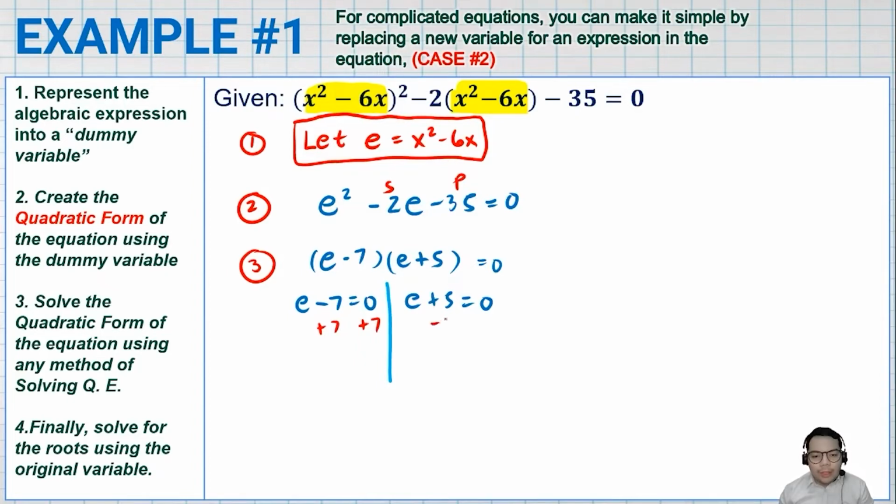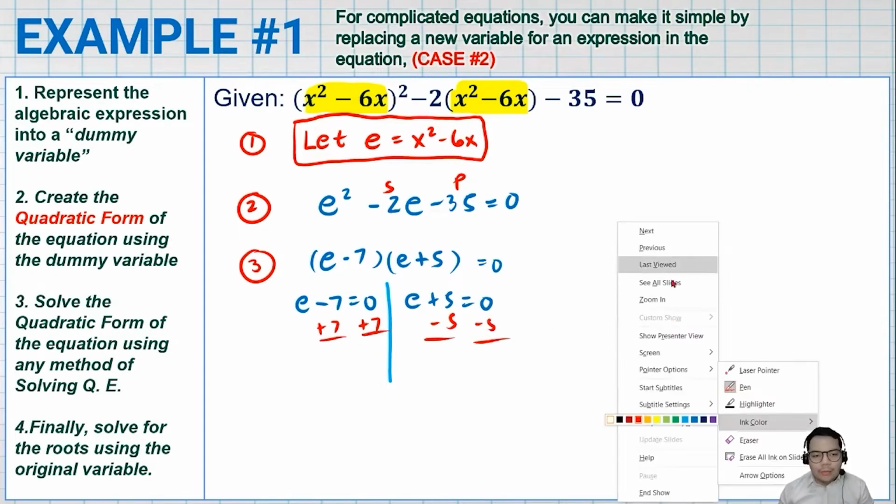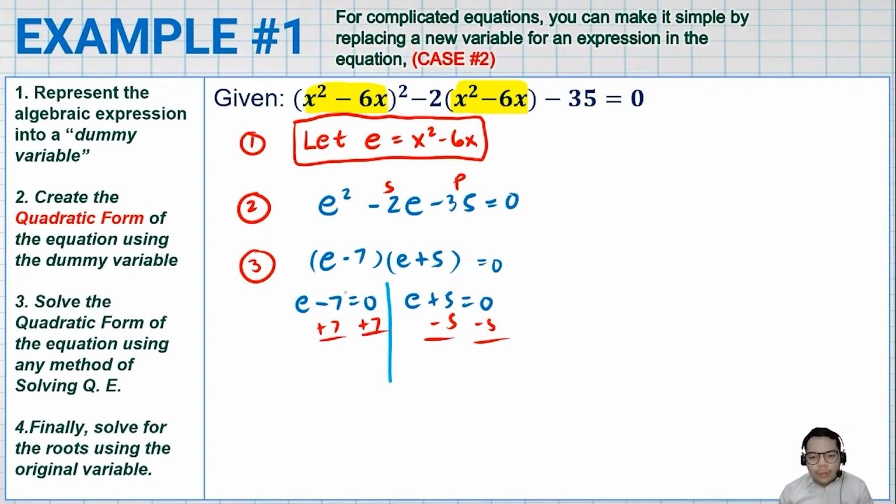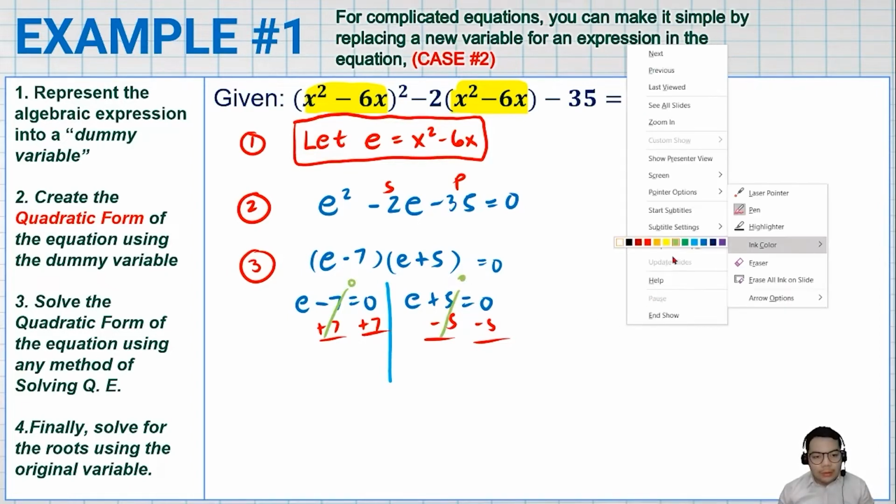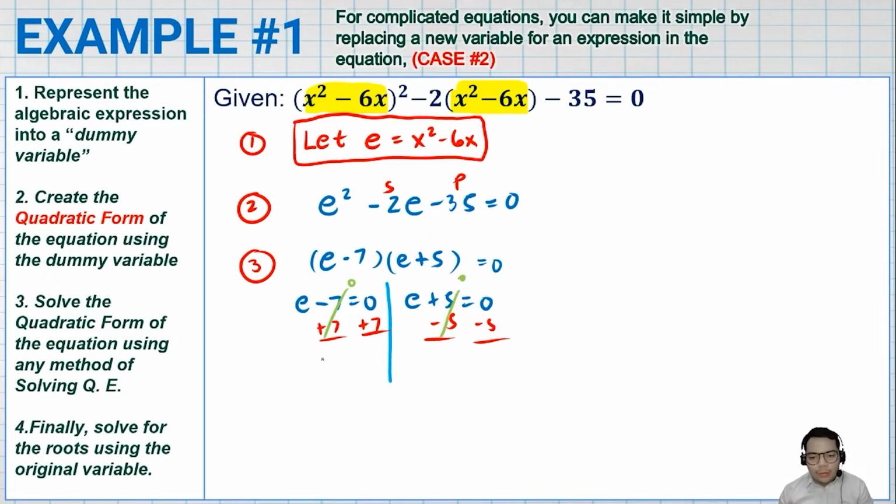Dito naman, subtract 5 kasi para matanggal yung 5 dyan for both sides. Yan. So, from that, simplify natin. Ito magiging 0. Ito rin magiging 0. So, we'll end up on the equation, we'll be having solutions of E is equal to positive 7 and E is equal to negative 5. Yan. So, yan na yung dalawang values ng E natin. Di ba? Mas maigsi. And that's already step number 3.